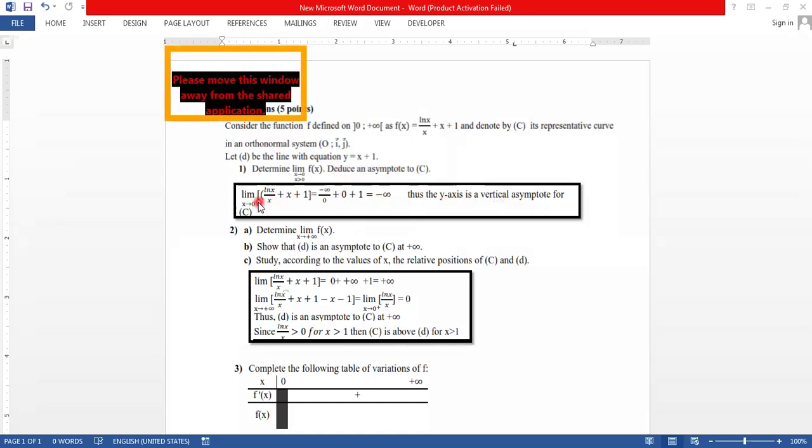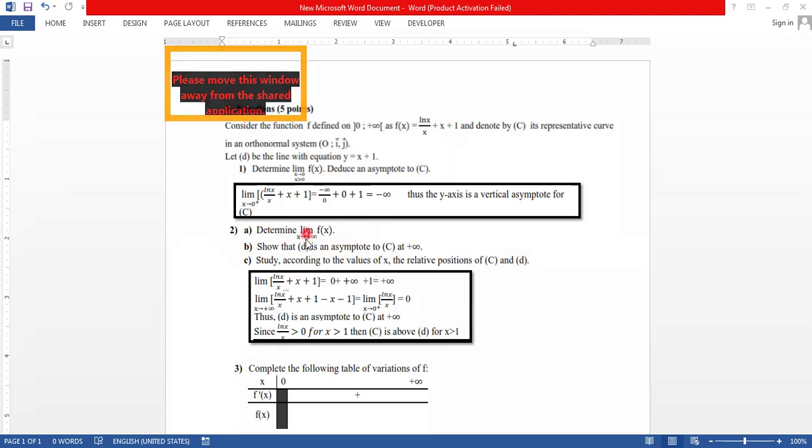Now we need to determine the limit when x tends to plus infinity, and we need to show that we have an oblique asymptote, which is D. They gave us: let D be the line with the equation y equals x plus 1, an asymptote to C, and then the relative position. Why are these questions related to the same part? Because usually when we do x tends to plus infinity and we get an infinity, we can tell that we have an oblique asymptote.